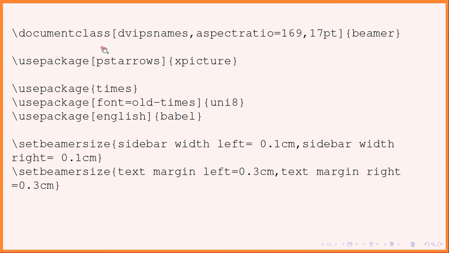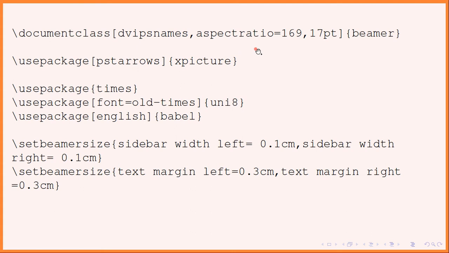First line is, as usual, the document class line. In this line, this particular option, dvipsnames, is related to the xcolor package. By this we will have a lot of color options, which I will discuss in detail in my next video.